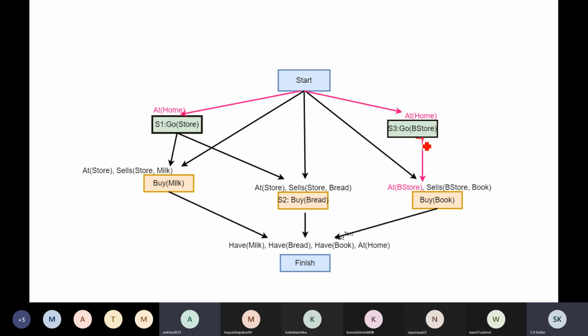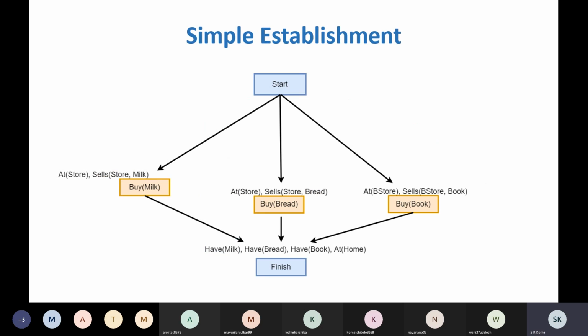Go to at home. Right. One more. Now robot is at store. Out here also robot, what will be the result of buy bread? Result of execution of this?